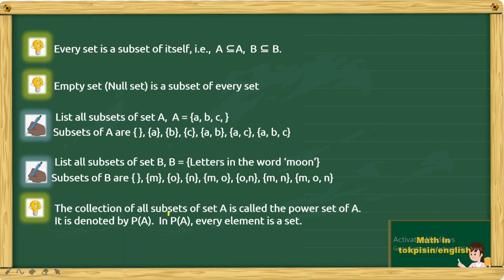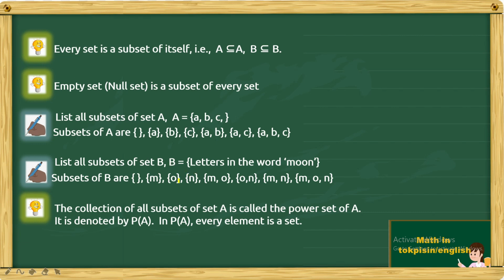It is denoted by P of A. So when we put all these subsets in a set, that becomes the power set of A. For this one too, if you put all the subsets in a set, then it becomes the power set of set B.